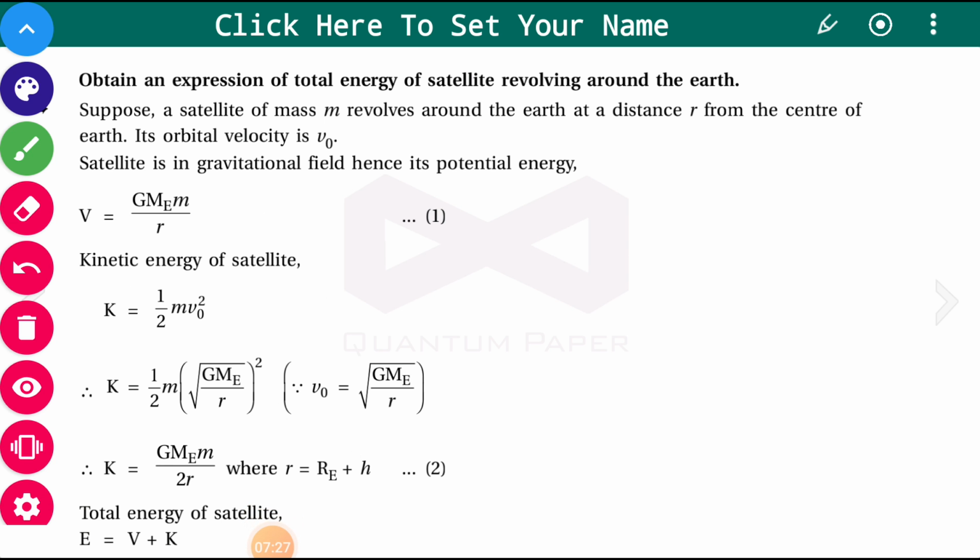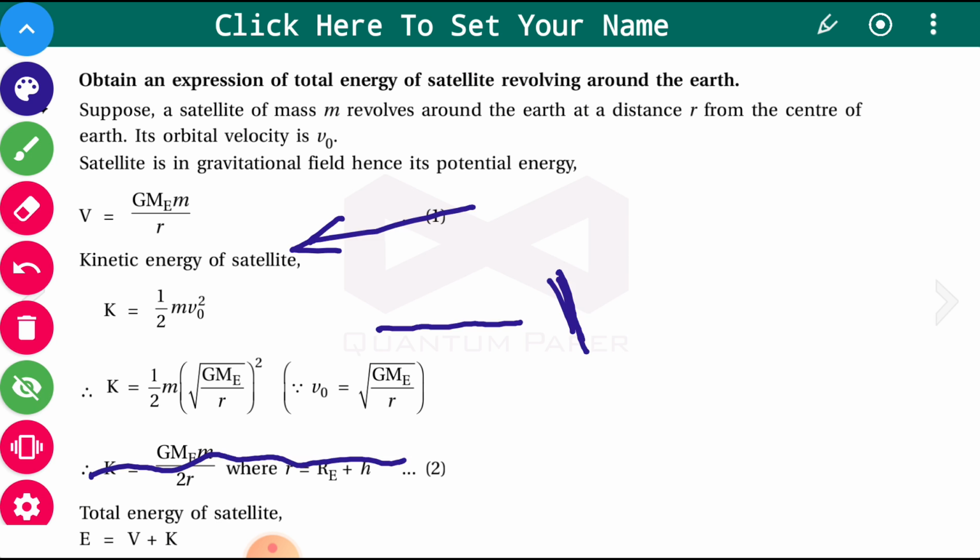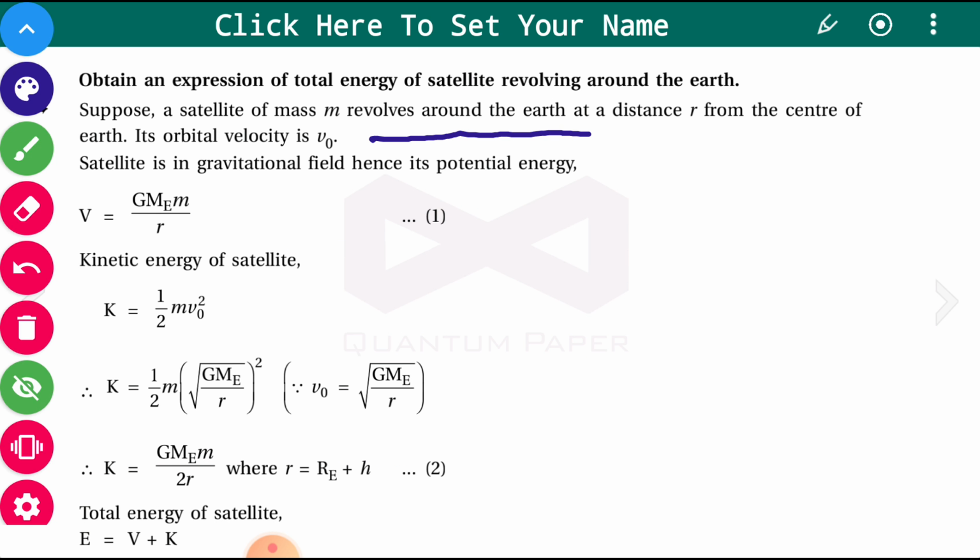Now there is a question: obtain an expression of total energy of satellite revolving around the earth. Let us consider a satellite whose mass is small m, and it is revolving around the earth at a distance r from the center of the earth. So r is equal to Re plus h.